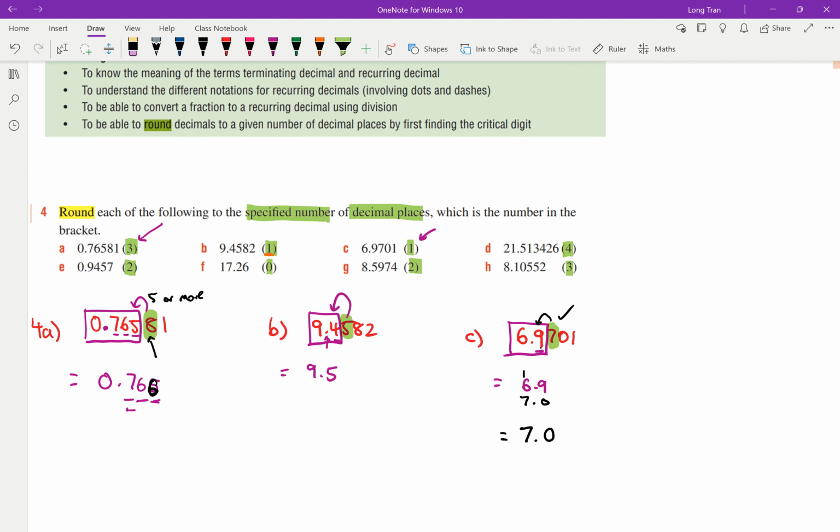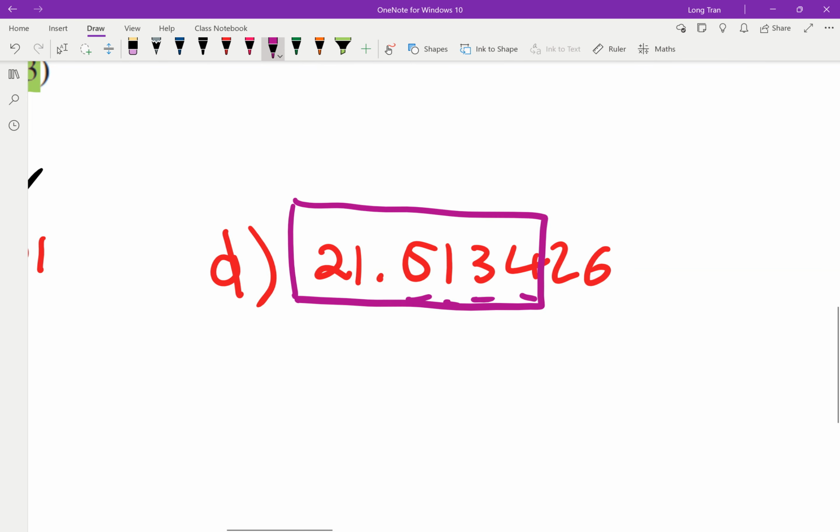All right, let's go to D. Same thing, 21.513426. We want 4 decimal places. So 1, 2, 3, 4. That means this is the section I'm looking for. That's a 5. And so what do you do? You check the next digit.